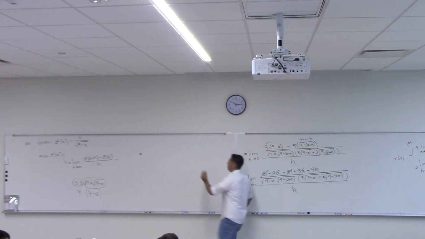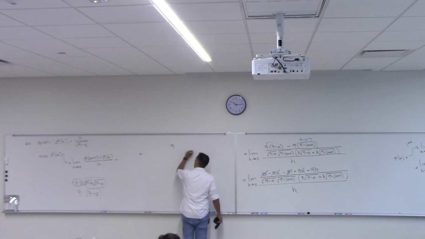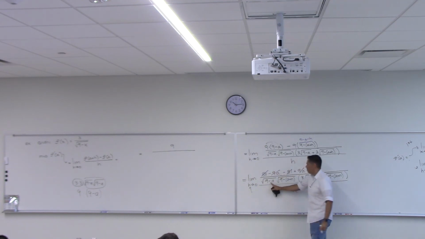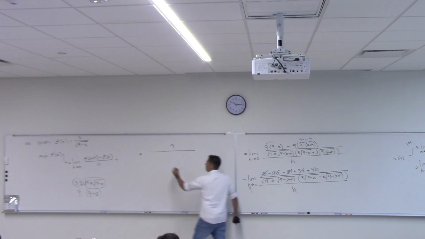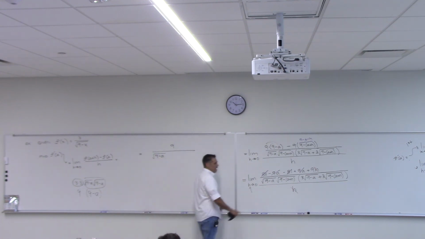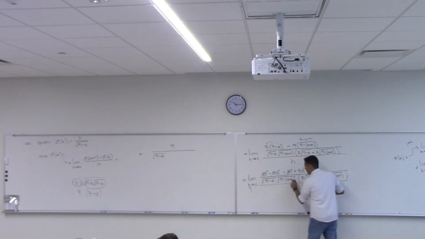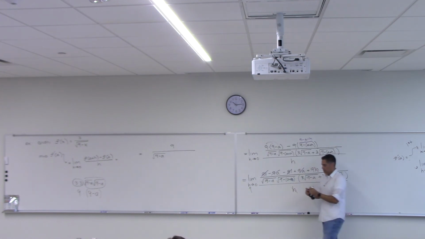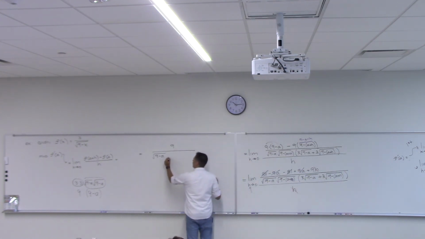We have a 9 on top, over, let's see. h is going to 0. So does it have any impact on this? No. So I have a square root of 9 minus a still. And then now here, look. If this h goes to 0, isn't that just 9 minus a again under a root? So square root of 9 minus a again.